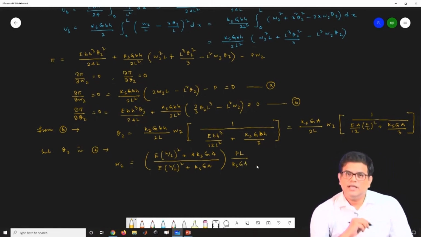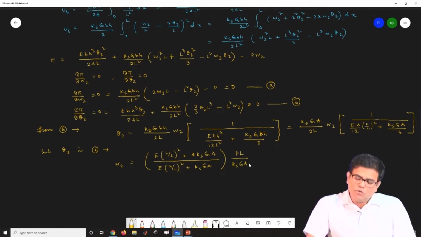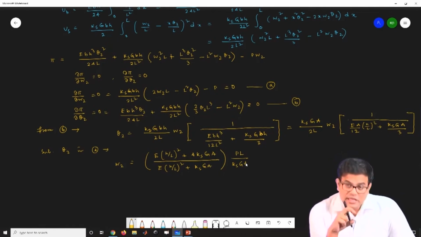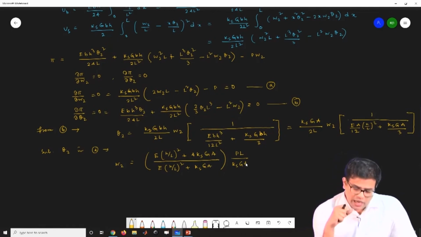Now if you see, this expression for W2 essentially depends on the H by L ratio. H is the thickness of the beam, meaning the height.